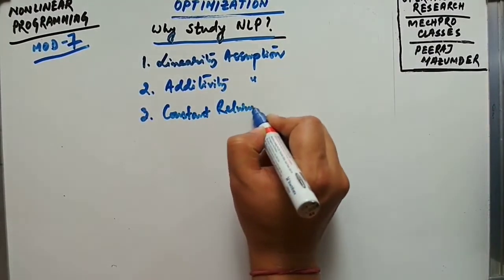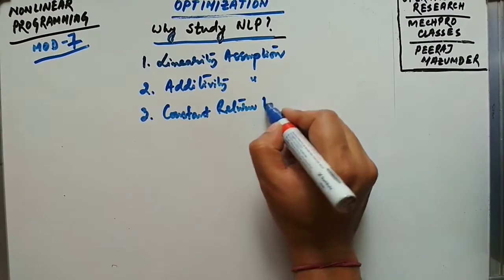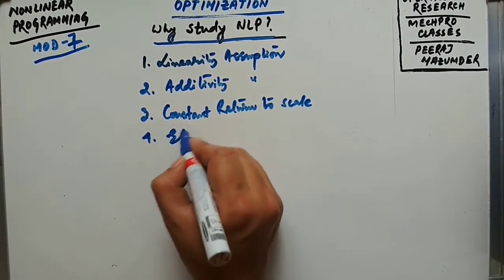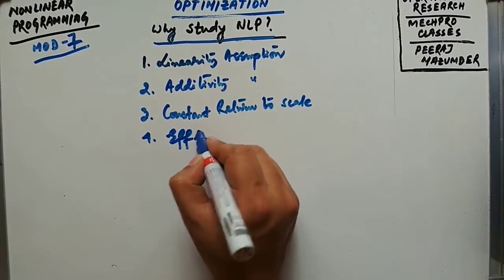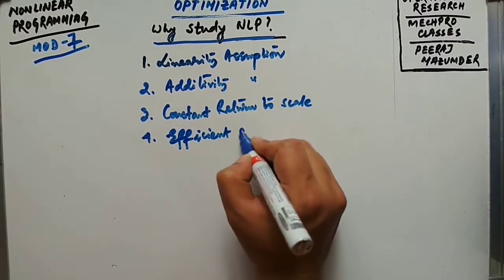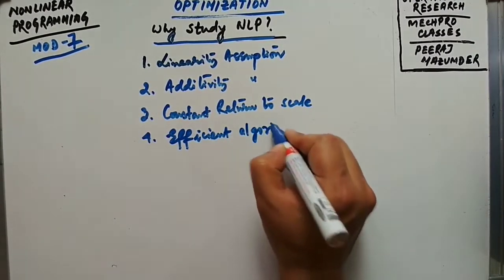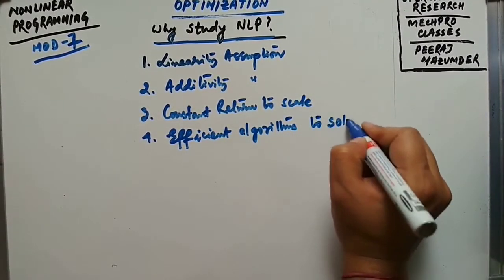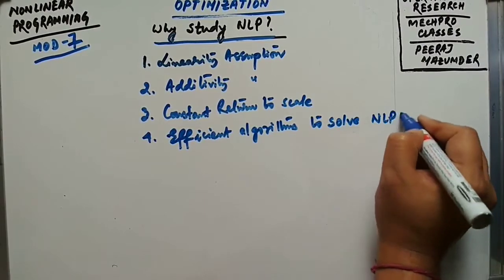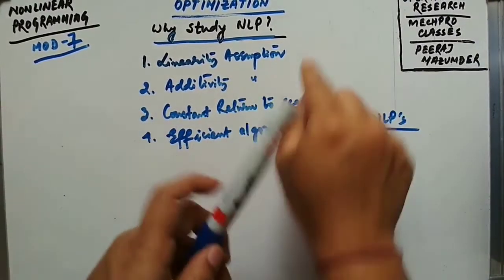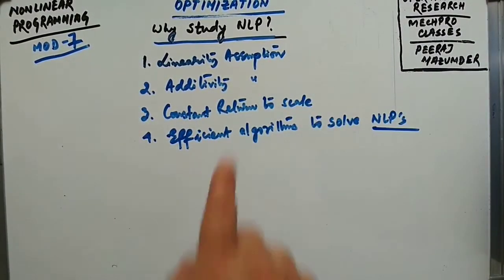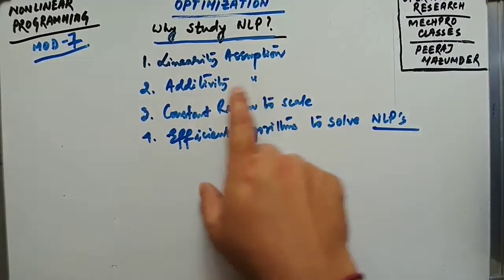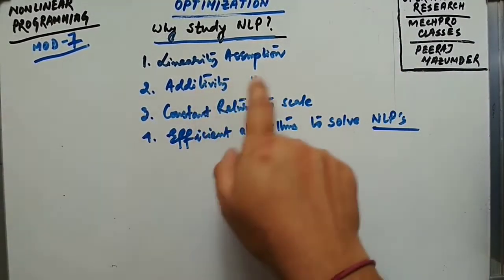I will describe each and every one. Let us write first. Fourth one is efficient algorithms to solve NLPs. Now, the first one I have already discussed, that the linearity assumption may become invalid in some real world problems. Now the second one says the additivity assumption.